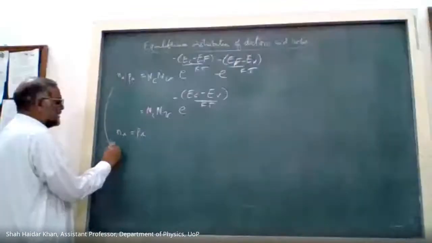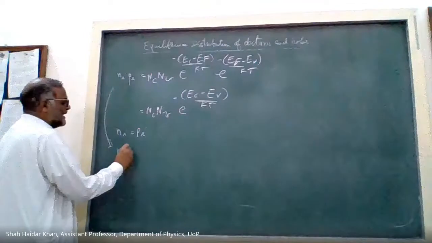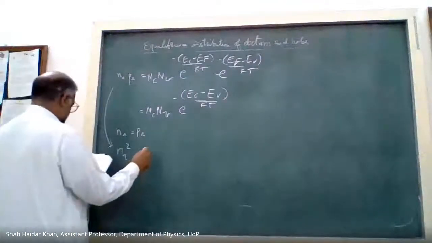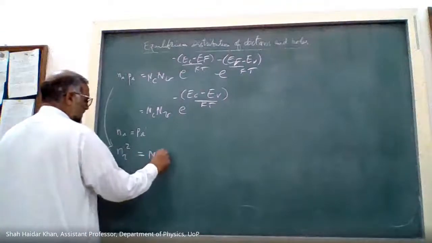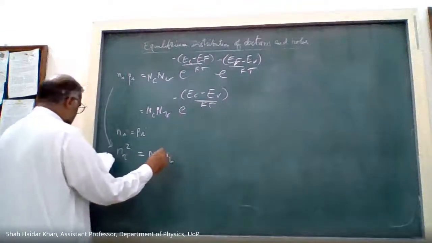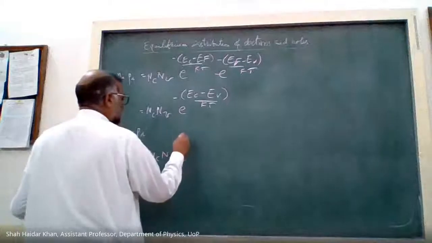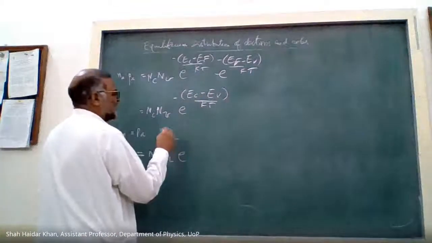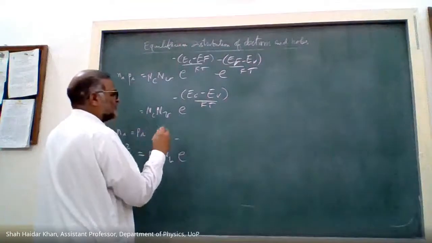Therefore, this can be written as Ni square is equal to Nc and V e to the power minus, and look, what is this thing? EC minus EV, right?